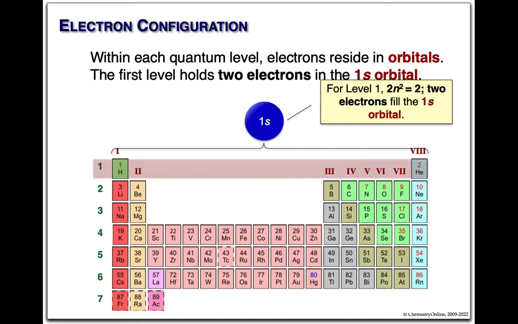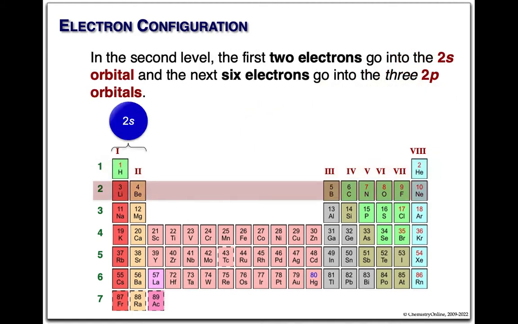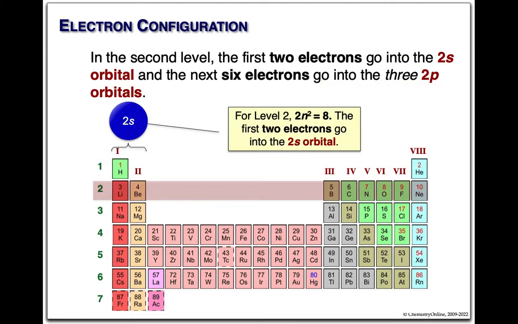So we move to the second period. The first 2 electrons go here: lithium, beryllium. These go in the lowest energy orbital first, that's the s. So we have 2 electrons in the 2s orbital. Once it's full, we move over here and we do the p orbitals.